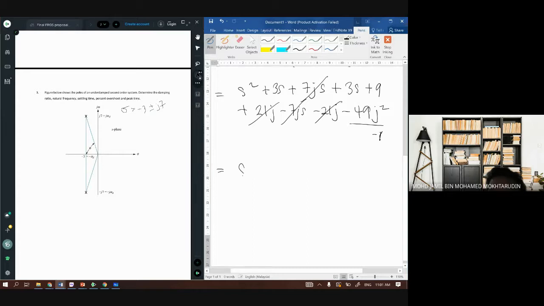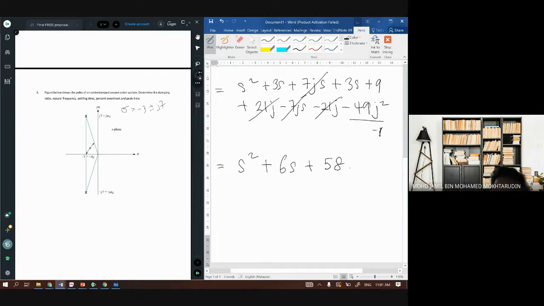So you get s squared plus 6s plus 49 plus 9, which is 58. Hopefully it's correct. So the transfer function for the system G(s) equals 58 divided by s squared plus 6s plus 58.